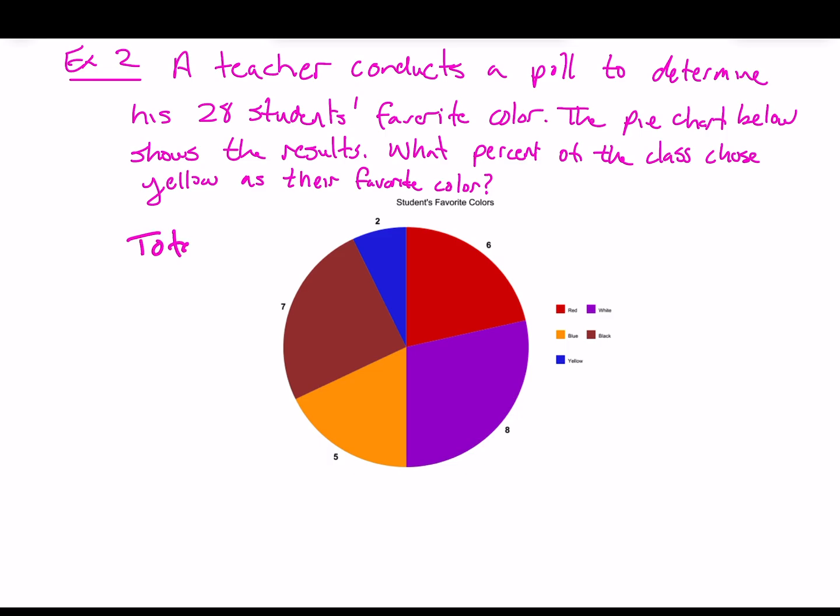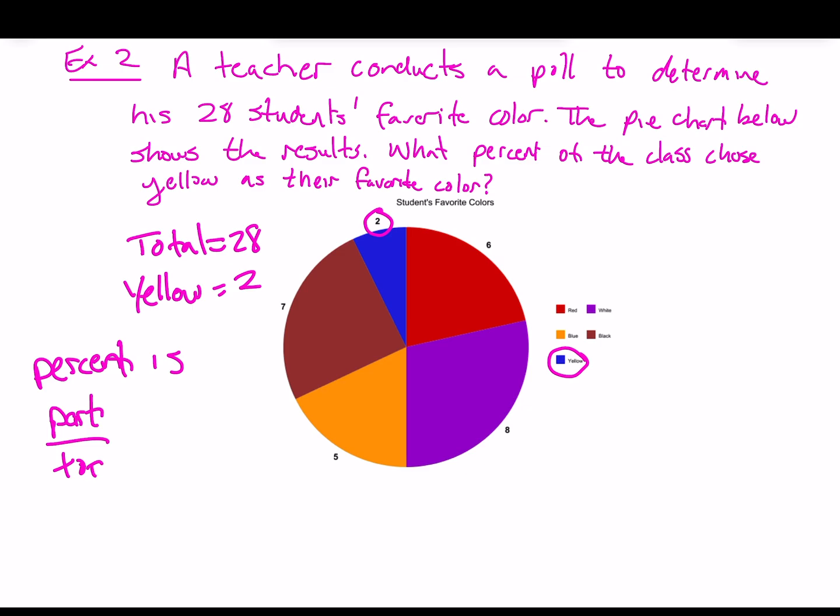So what is our total for our proportion? Well, our total is 28. And how many students chose yellow as their favorite color? Well, yellow is the portion that's blue, and 2 students chose yellow. So our percent is part over total times 100%.